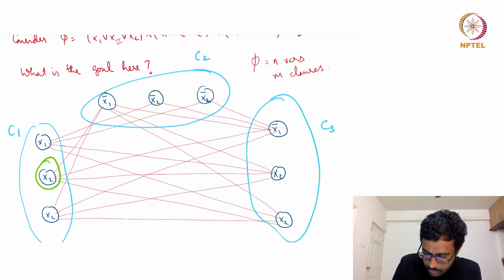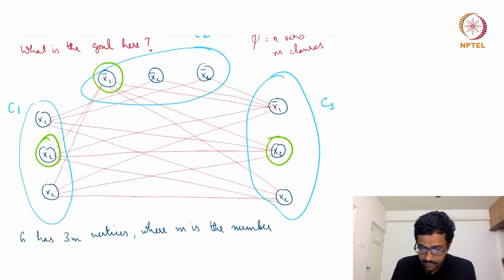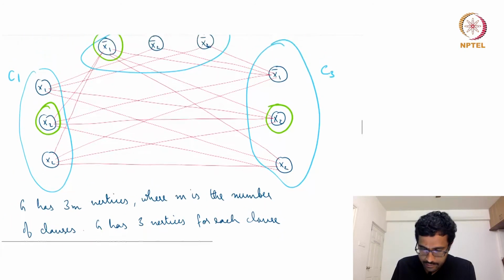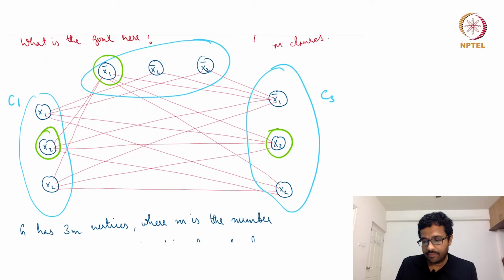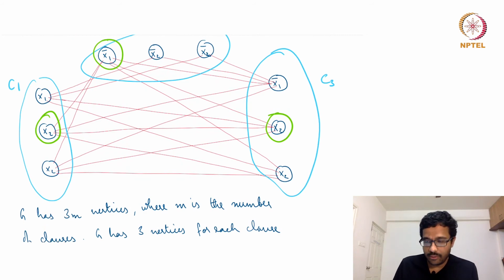Here x1 complement is a true literal, because x1 is false, and here x2 is a true literal. So these three green vertices correspond to true literals. Now these three literals are in three different clauses, and none of them are complements of each other. Why? Because if they are complements of each other, they cannot both be true. So if x2 is true, x2 complement is false, so you cannot pick both of them to be true.